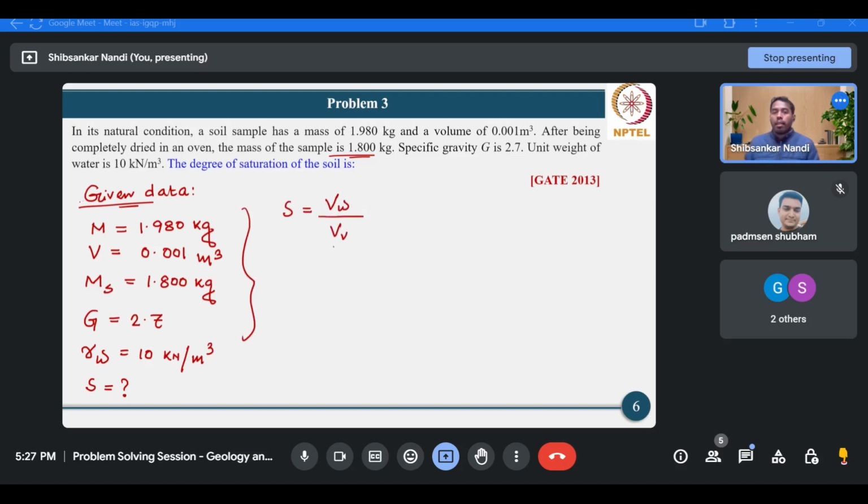So for that, we need to know the volume of water inside the soil sample and the volume of voids inside the soil sample. Now, how can we determine these two entities, the volume of water and the volume of voids? How can we determine these two volumes?